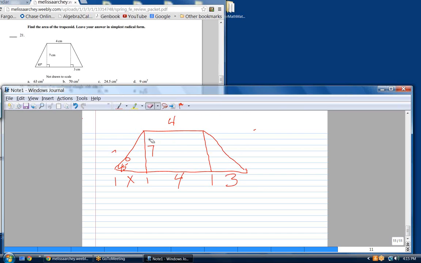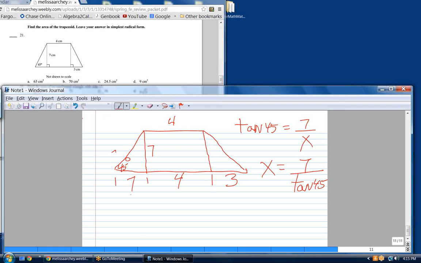So it'd be the tangent of 45 equals 7 over x. So x becomes 7 divided by tan of 45. Look up 7 divided by tan of 45, so it comes to 7.